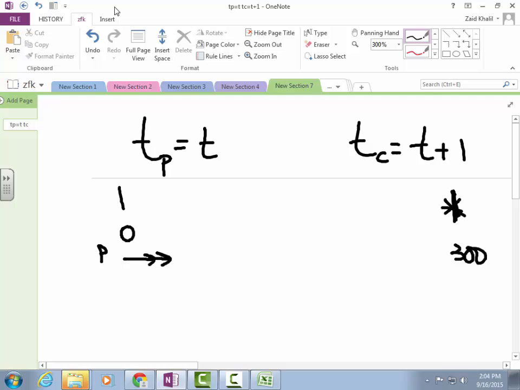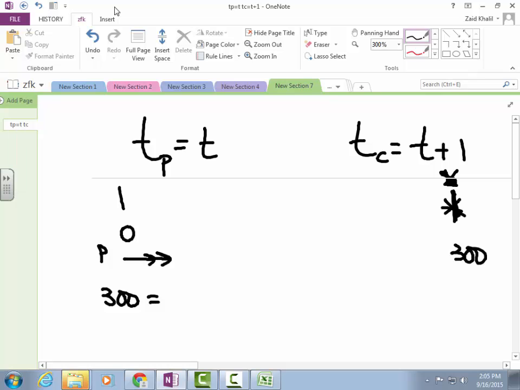So what do we have? So we have the change in position. So notice, this is x, and x equals 300. So the change in position for the cop is what? 300. And that's equal to what?